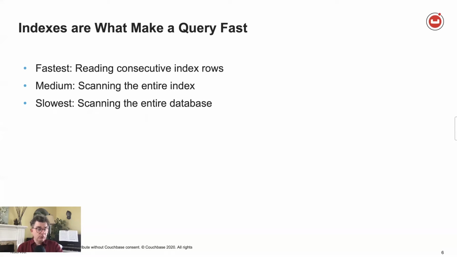The less good approach is if it has to scan the whole index, which is kind of brute force, but it does have the advantage that the index is a lot more compact than the database, because it's only got one or two or three different property values in it, not everything. And the slowest technique is when it can't use an index at all and it has to just scan the database. That involves loading every single document into RAM one after the other. That's the thing that you really want to avoid if your database has any size to it at all.